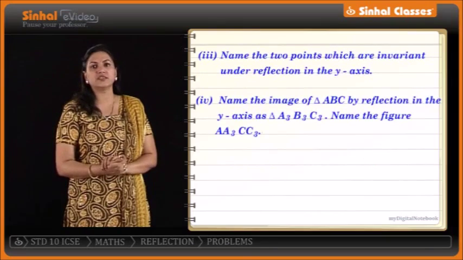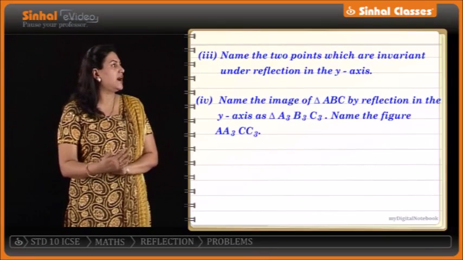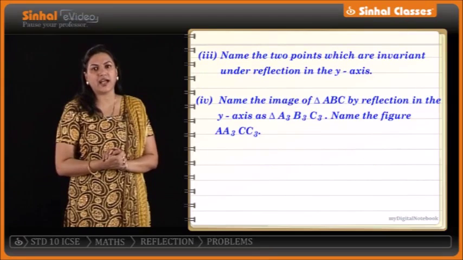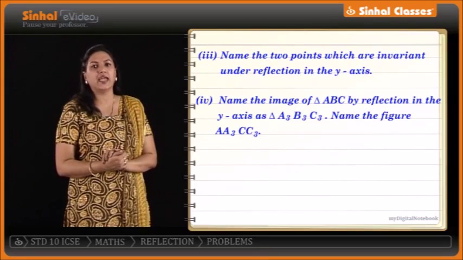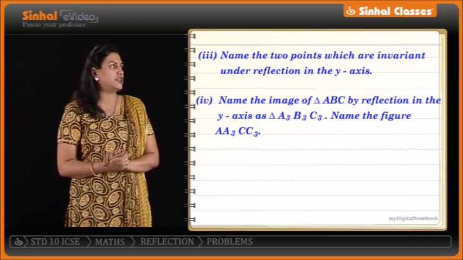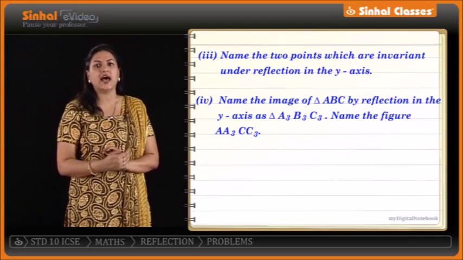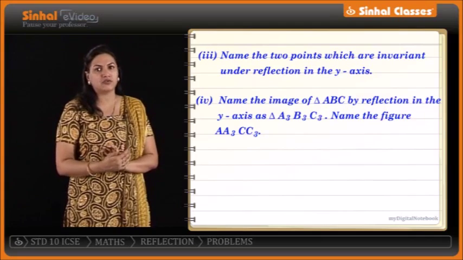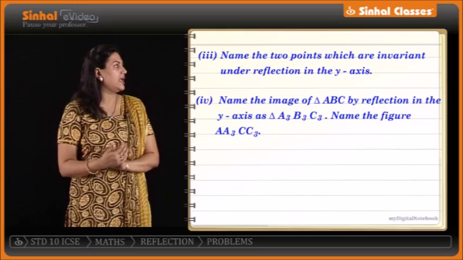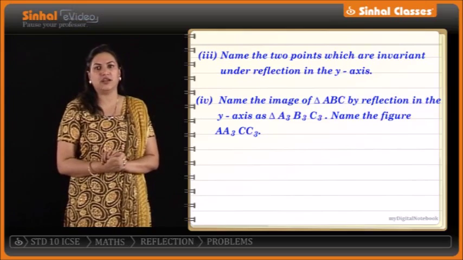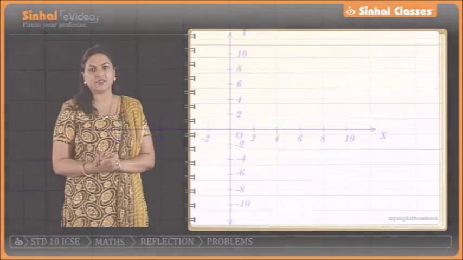Name the 2 points which are invariant under reflection in the y-axis. Also, name the image of triangle ABC by reflection in the y-axis as triangle A3, B3, C3. Name the figure A, A3, C, C3. Now let's use the graph sheet for this.